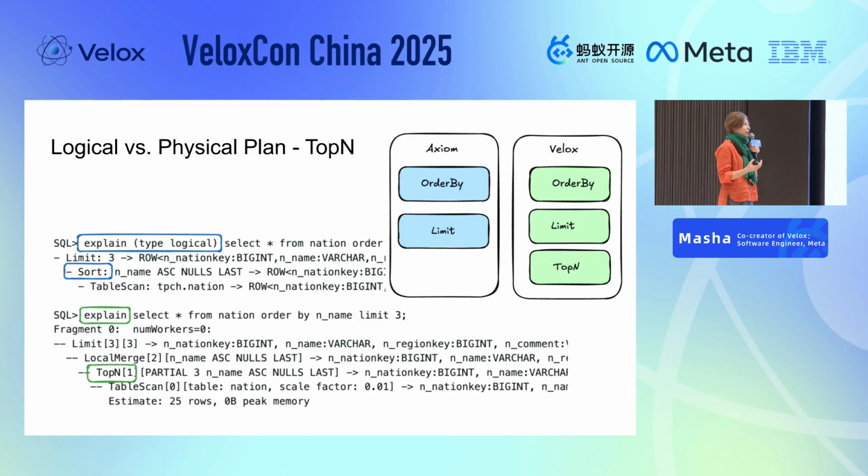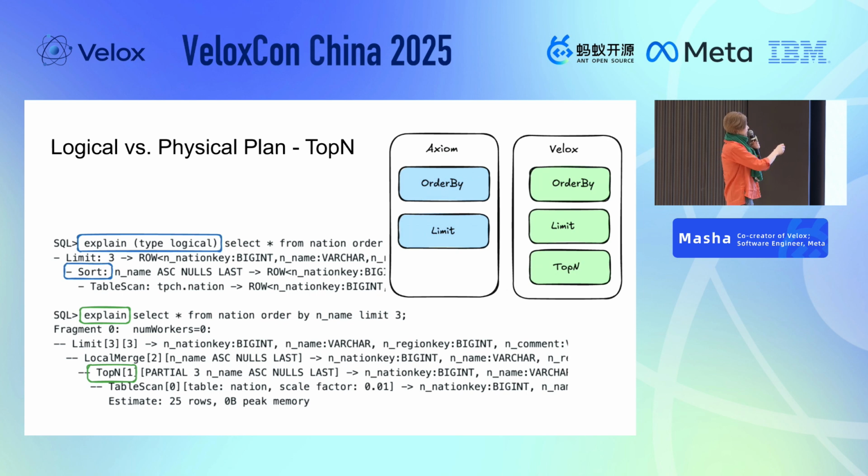It helps with memory management, helps with CPU time. But in the logical space, we don't have top n. That's an optimization in the physical space. That's what the optimizer could decide to use to implement order by plus limit.